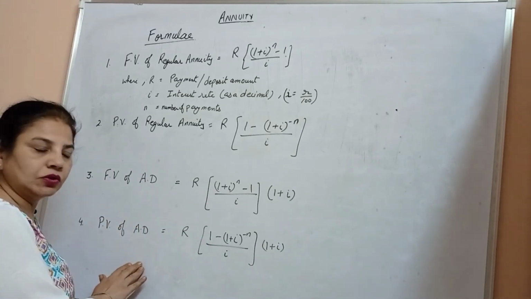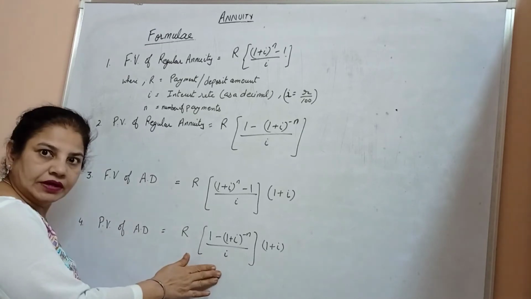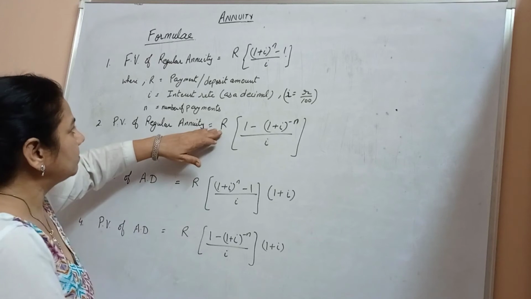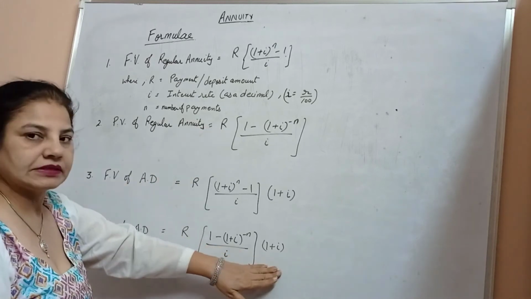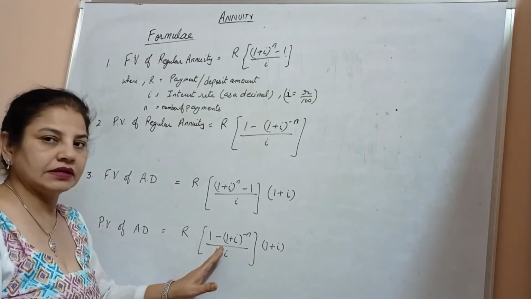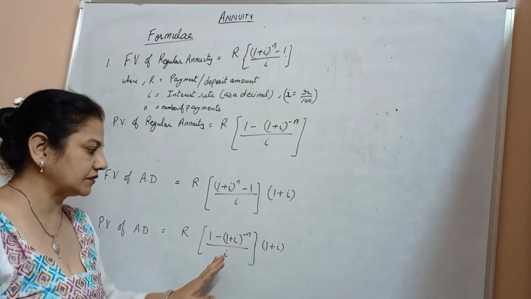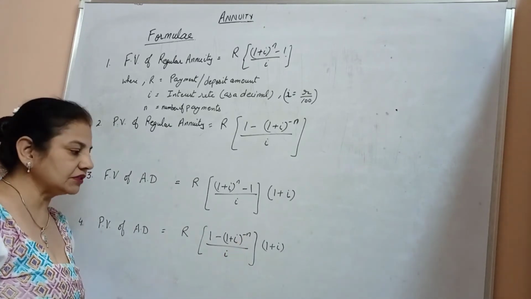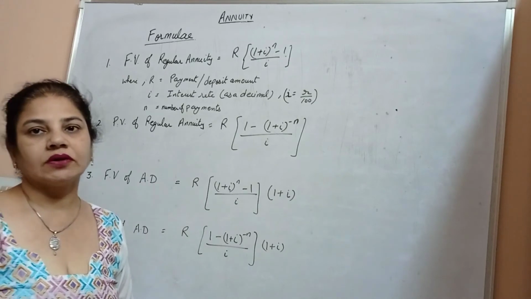Present value of an annuity due is given as the present value of a regular annuity into (1 plus i). That means R times 1 minus (1 plus i) to the power minus n, upon i, into (1 plus i). Using these formulas, let us proceed with the questions.